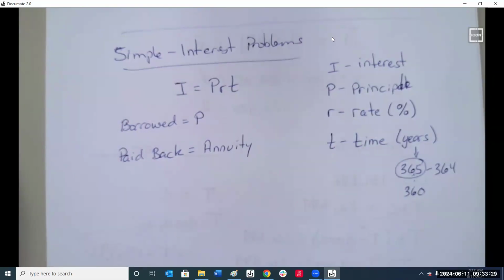You hear that a lot of times on commercials. What that means is, if you have a document where somebody owes you money, what that document is worth is what the person is going to pay you back in that period of time. That's the annuity, what that paper is worth when it's paid up in full.